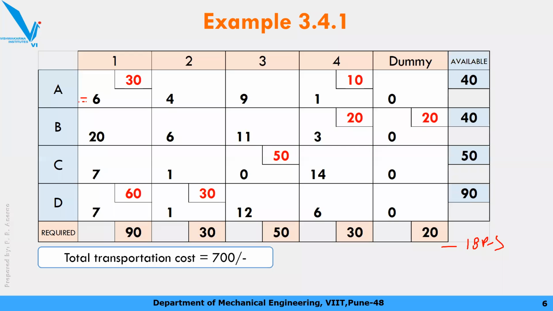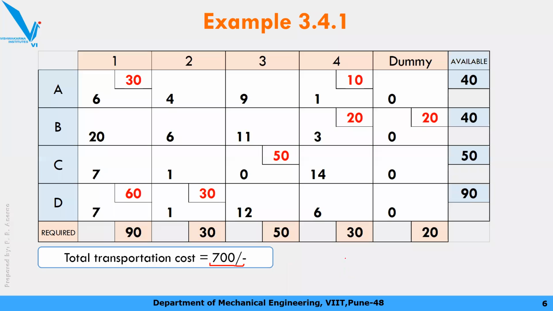Total transportation cost will be equal to 6 into 30 plus 1 into 10 plus 3 into 20 plus 0 into 20 plus 0 into 50 plus 7 into 60 plus 1 into 30. So unit transportation cost into number of allocations, that's the way you calculate transportation cost. This cost is equal to 700 rupees.